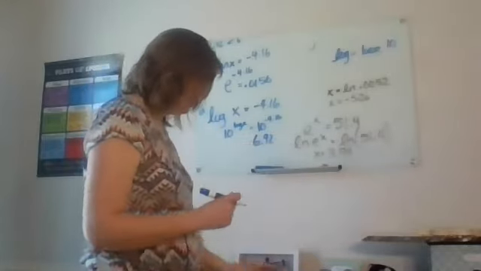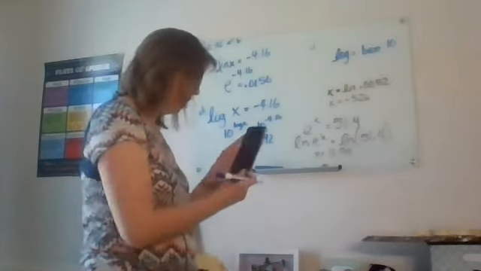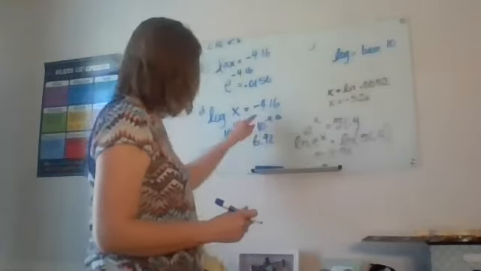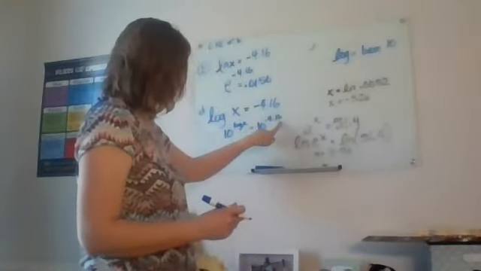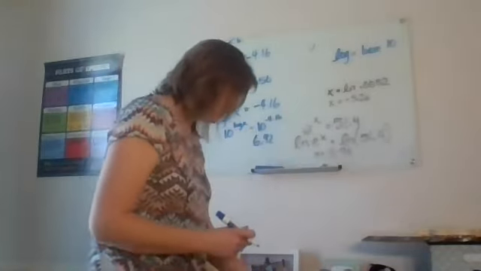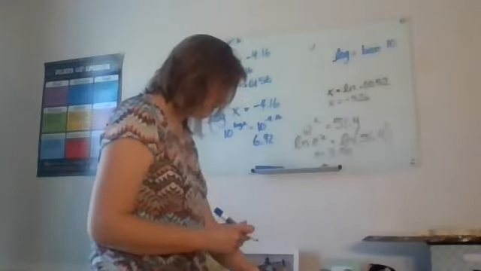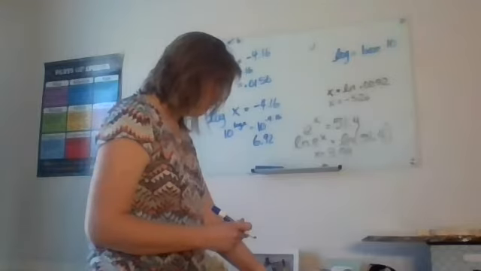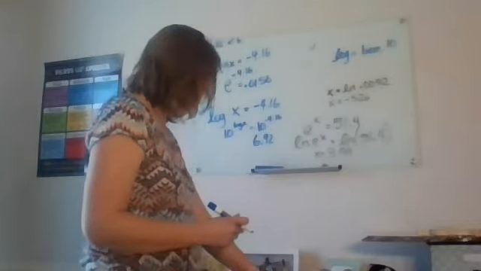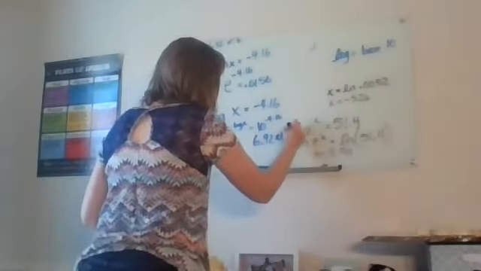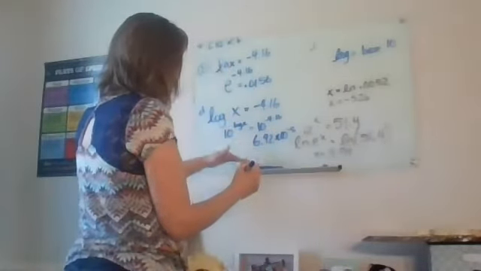So when I plug that into my calculator, I've got 10 raised to the negative 4.16, and I used the inverse log. I found that the inverse log of negative 4.16 is 6.92 times 10 to the negative fifth, because it flips down into the denominator.